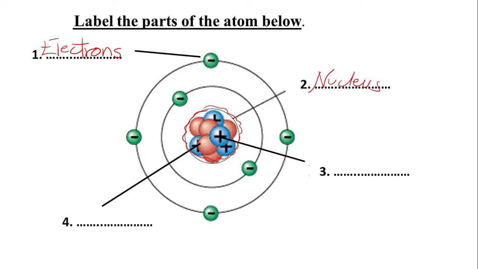Three, the positive one, we say P with P, positive means protons, yes. Last one, four, the one with no sign at all. It has nothing, no sign, no charge. It's neutral, so we will call it neutrons. Excellent.